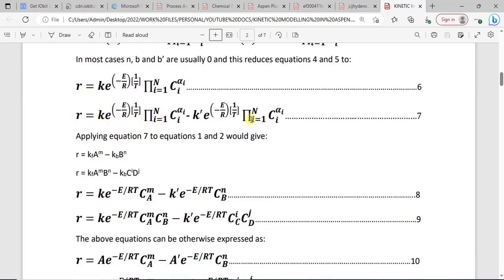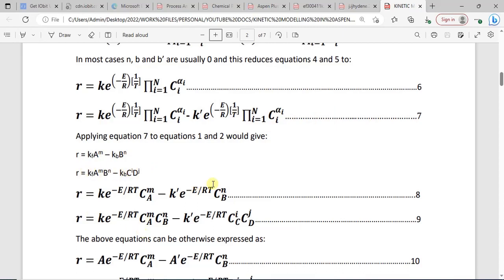So now if we apply equation 7 to equations 1 and 2, which were the rate expressions of the two reactions we are studying in this introduction, we are applying equation 7, which is the reduced form, to these rate expressions that we generated for those two reactions under study.